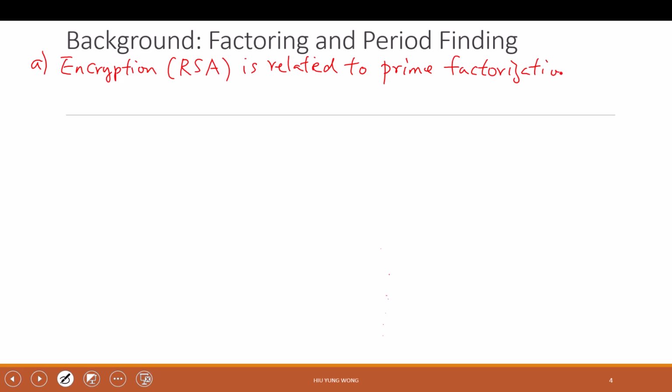So what does it mean? If you want to decrypt something, basically, it is asking you to try to decrypt an integer, an N. Your goal is to find two integers, but they are prime numbers.